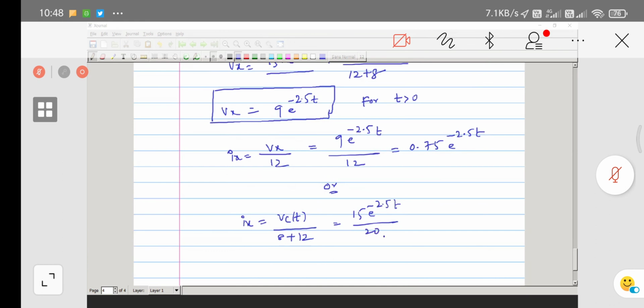By 20, you can get the same answer. This is also equal to 0.75 e to the power of minus 2.5 t.